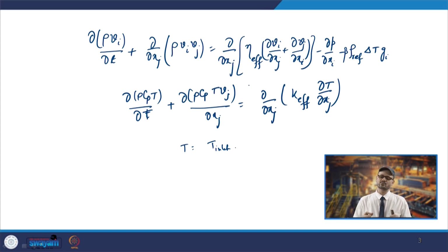Now, if we try to write the dimensionless form of these equations, both the equations can be written in the dimensionless manner, and a few non-dimensional parameters will crop up in that case. So, if you write the non-dimensional form of these equations, you will have the equations coming up.